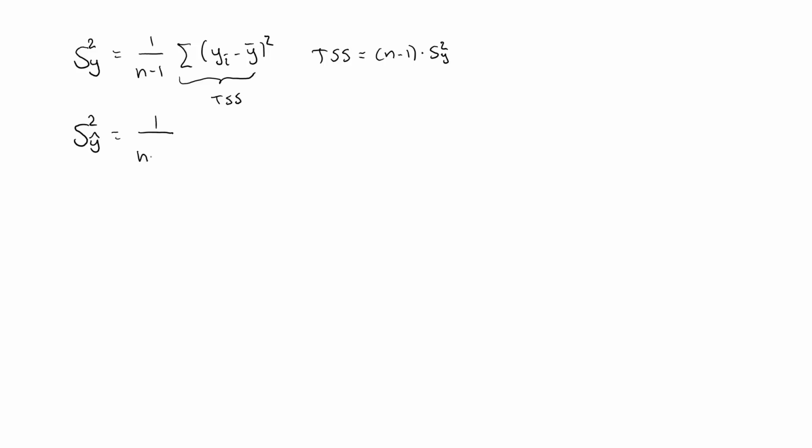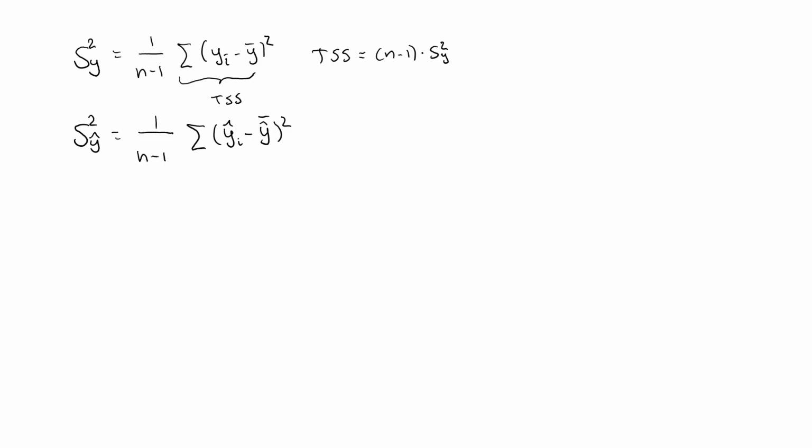It's defined as 1 over n minus 1 times the summation of the fitted values minus the average, or sample mean, of the fitted values, squared.